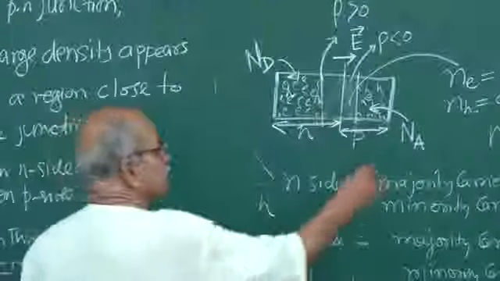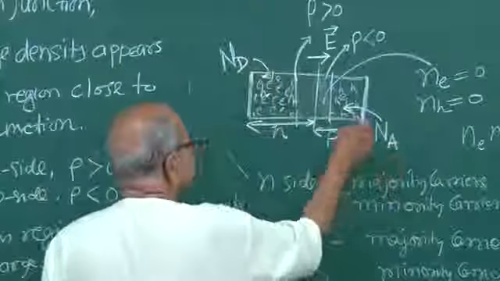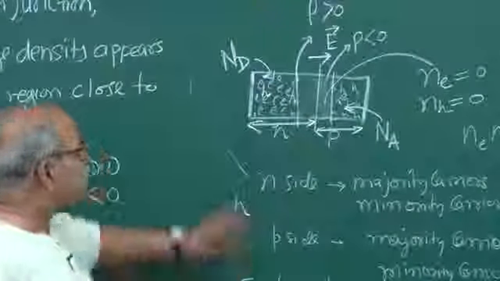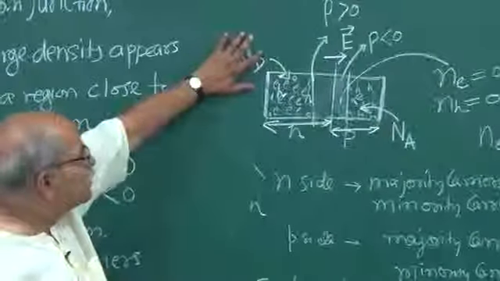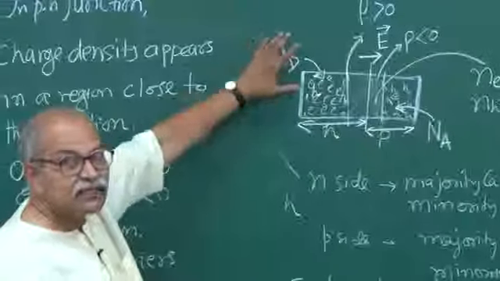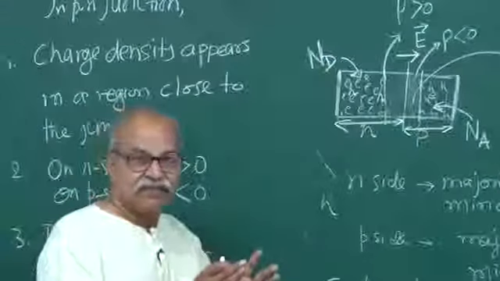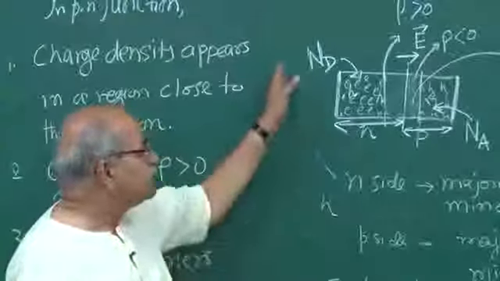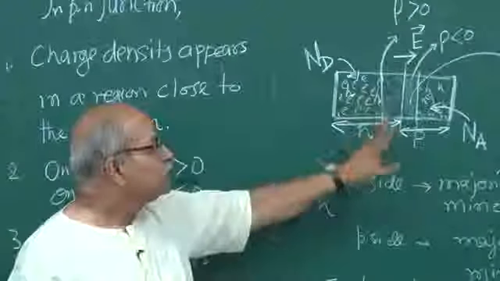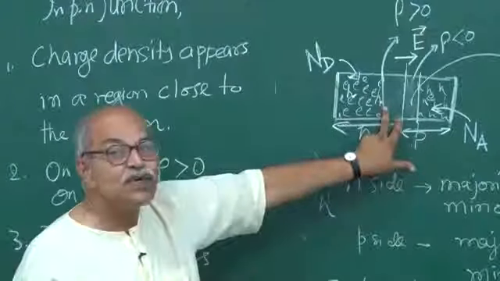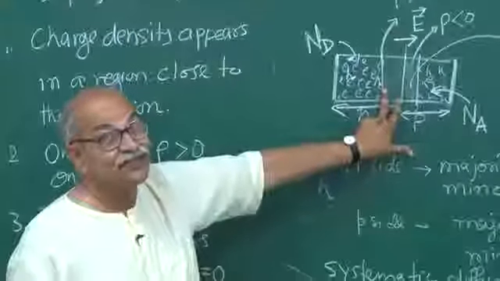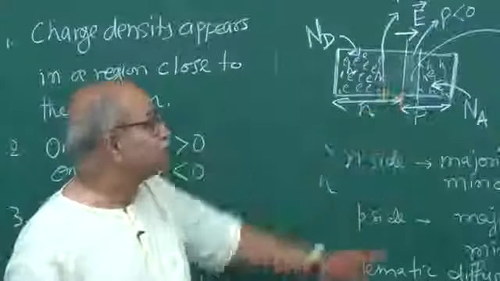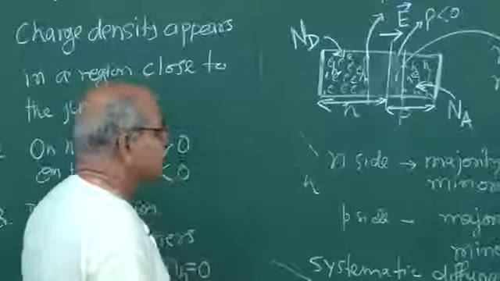Suppose Nd is large, then in a very small region you have enough electrons. Similarly, Na and Nd will decide this. The larger the impurity concentration, the smaller will be the width. So, if Na and Nd are not equal, you can have unequal width on the two sides of the junction. So, those are the things.